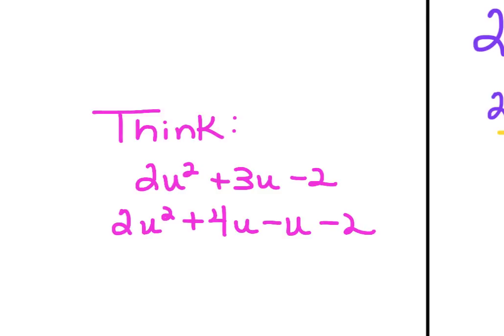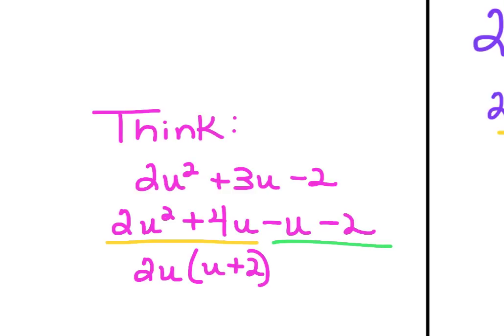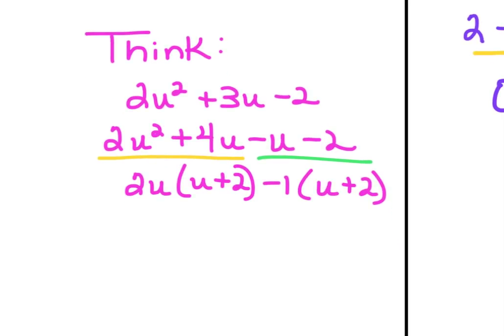The GCF of the first two terms is going to be 2u times u plus 2. And the GCF of the last two terms is going to be minus 1 times u plus 2. And so my factored form is 2u minus 1 times u plus 2.